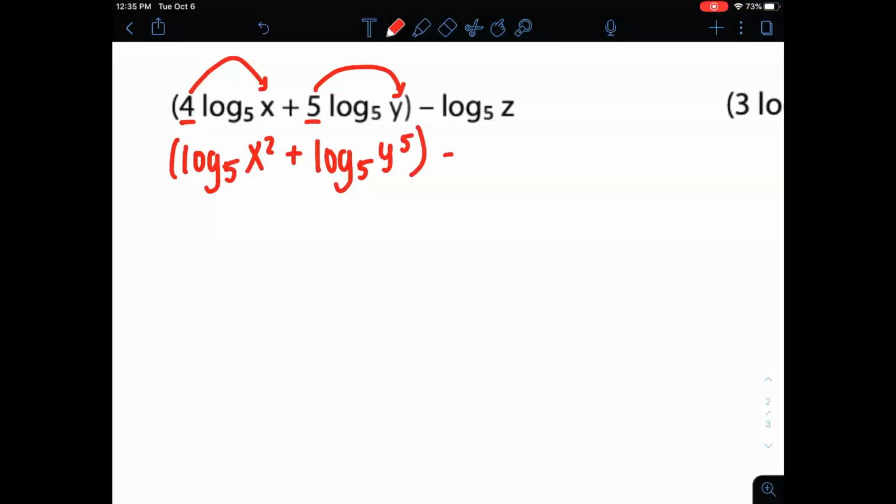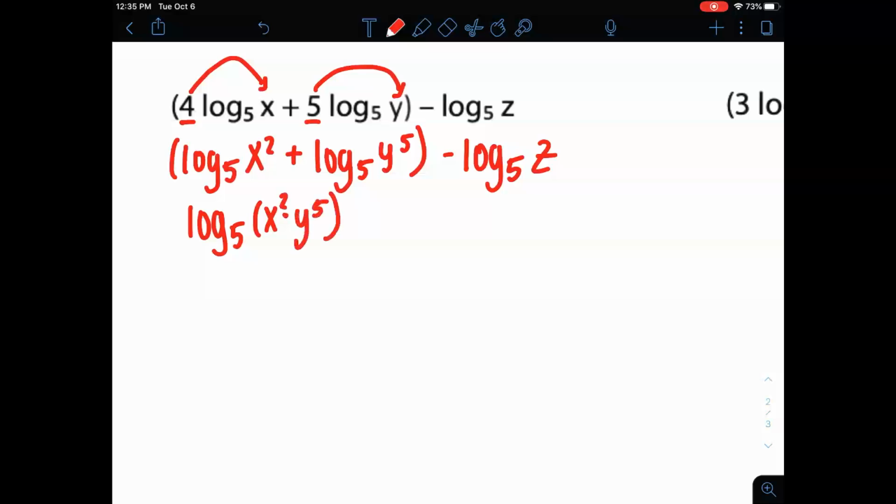I'm going to keep that in my parentheses for right now because that is going to be important. Now, if I look at just inside my parentheses, I have an addition, which means that I can use my law of addition and turn this into a multiplication problem.